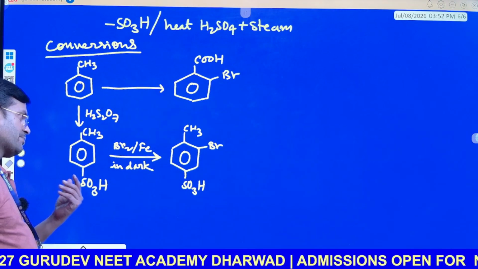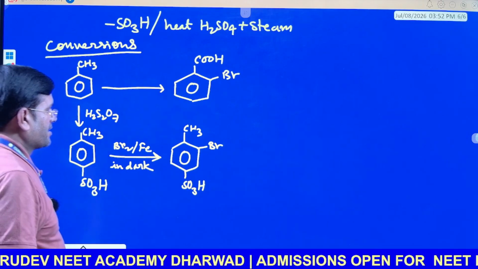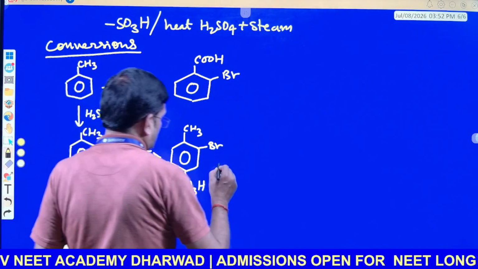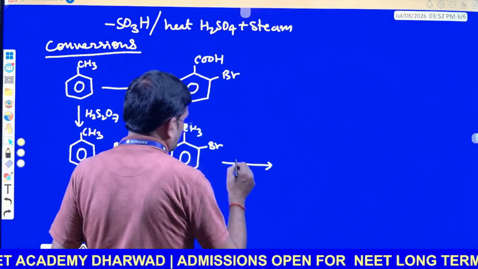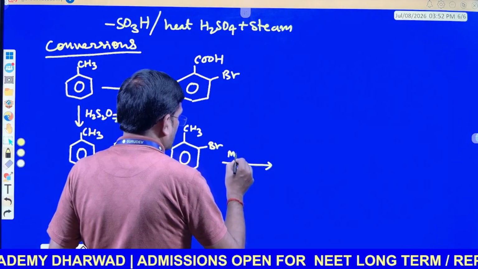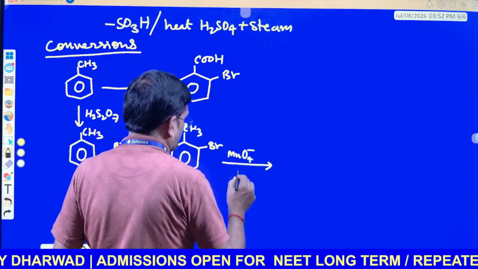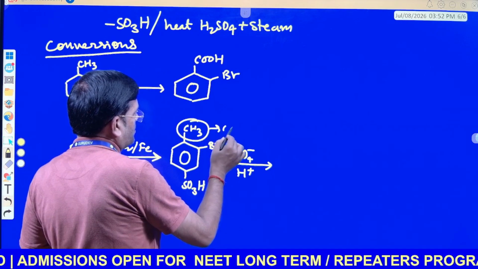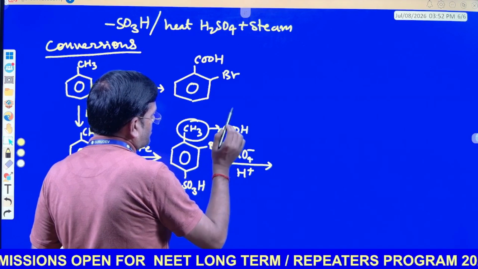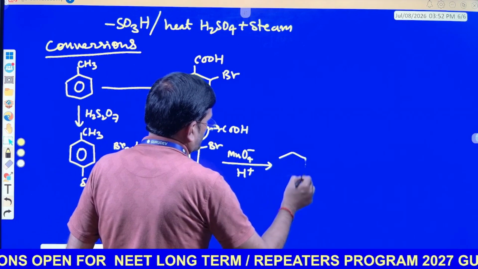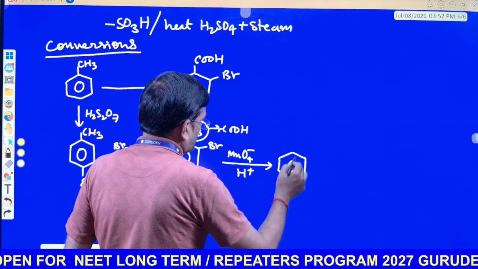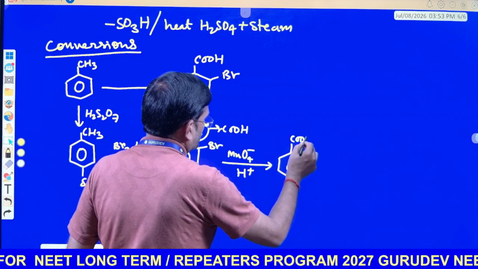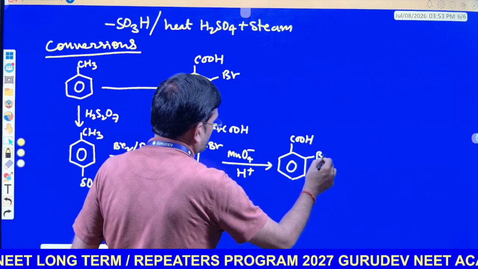Via this one we have blocked it. Now do the oxidation, MnO4 minus, H plus. What happens? This is oxidized to the COOH group. So just see, orientation helps us to carry out this conversion.